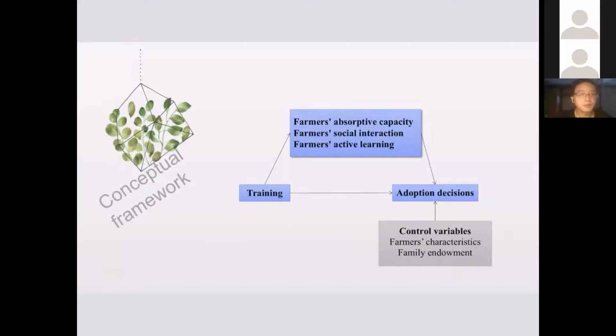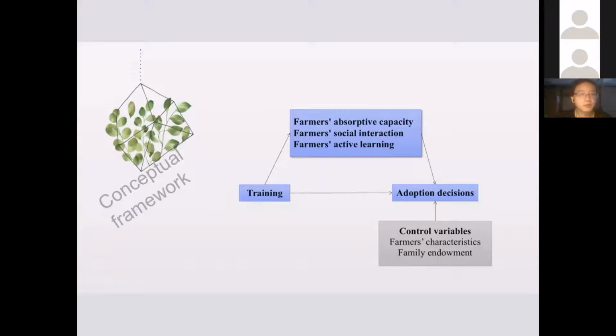During this period, non-adopters attempt to collect information and learn about the new technology from the adopters' production practice, and the social interaction among farmers can often accelerate the learning process and help spark ideas about using the new technology. Agriculture training may increase opportunities for farmers' social interactions.